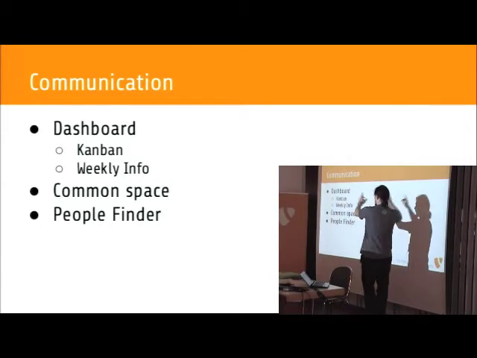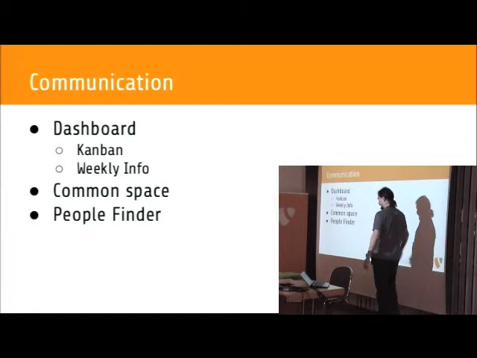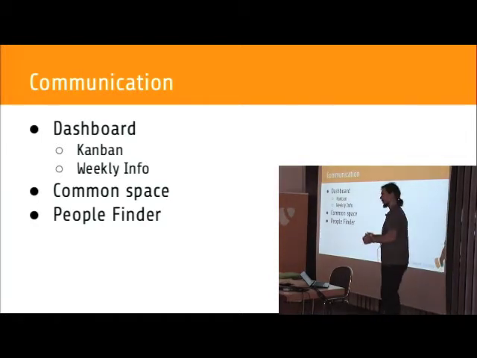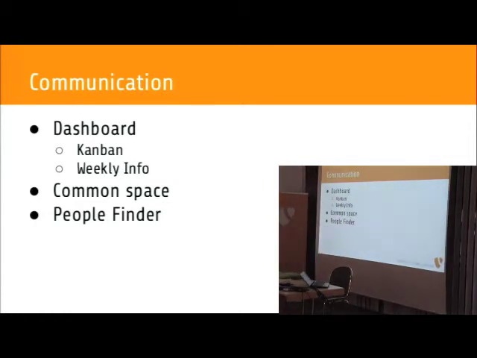A dashboard is a stand where you could show the life of the project, the life of the team, where with cards, like in Kanban, you could mark the states of your project to show whether it is done or not done. So it's a visual methodology of marking the state of projects.